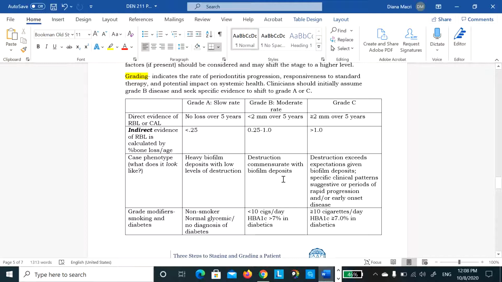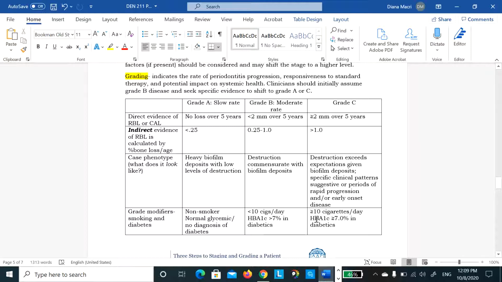It means, okay, it makes sense. However, on grade C, I'm seeing a lot of destruction in a patient that really has hardly any biofilm and hardly any calculus and any deposits in the mouth. And therefore, that's a grade C.